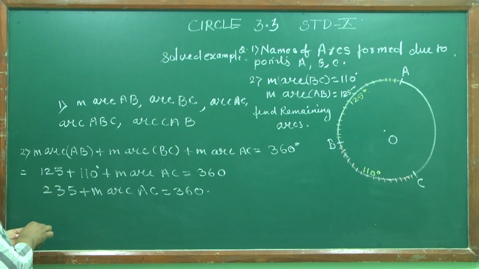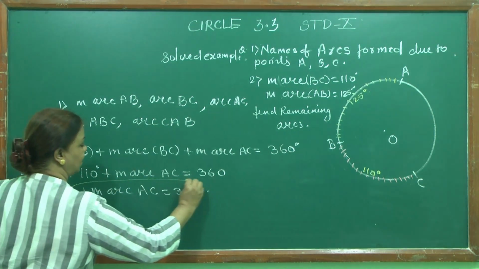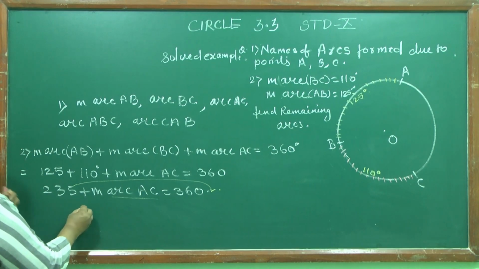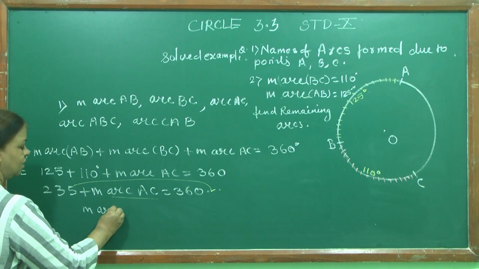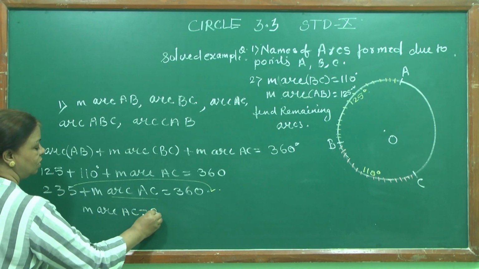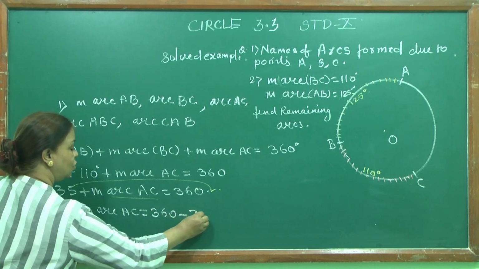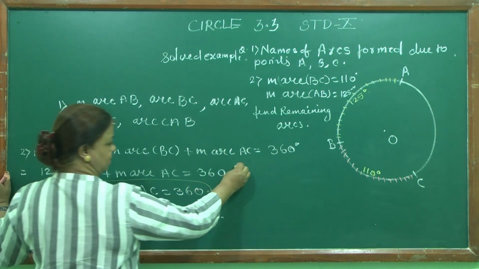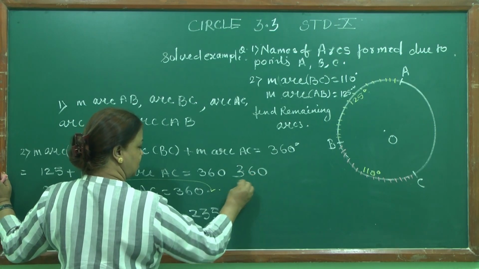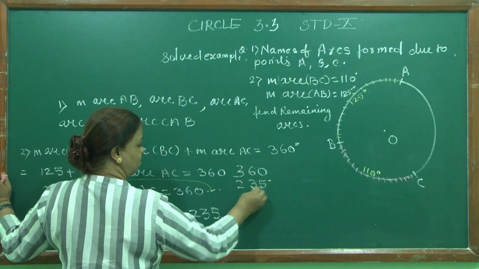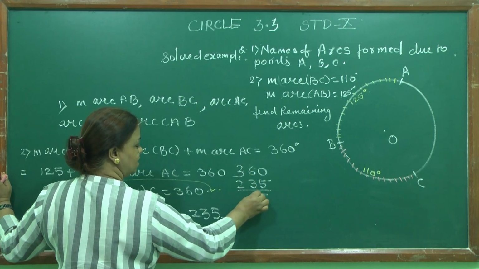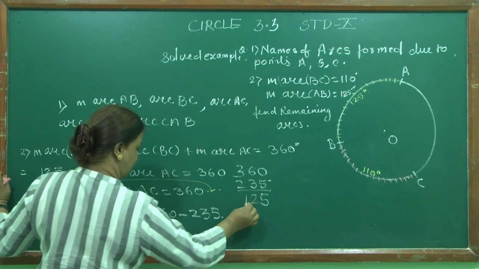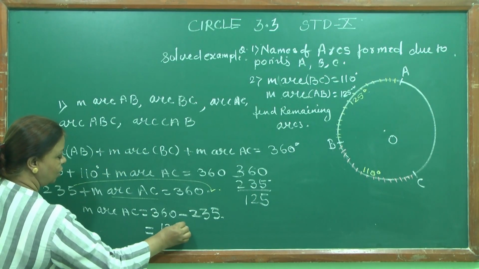If I shift 235 to this side, I can get the value for arc AC. Measure arc AC is equal to 360 minus 235 degree, which is equal to 125 degree.